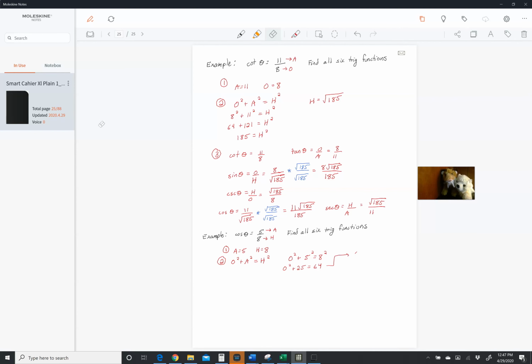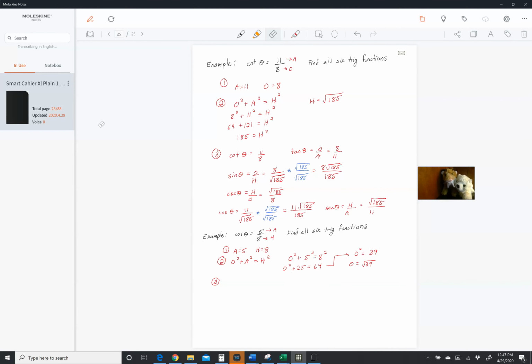So this means that O squared is equal to, we're subtracting 25 from both sides, so 64 minus 25 is 39. So O is equal to the square root of 39. Okay, and square root of 39 can't be simplified, so we just leave it.